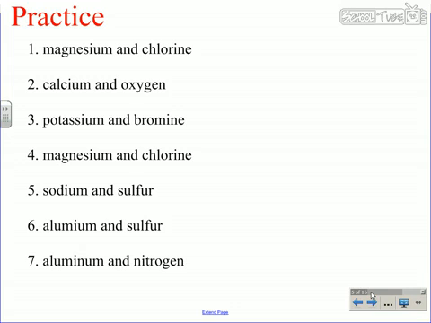So, magnesium and chlorine. Magnesium is what charge? 2, and chlorine is -1. So the crisscross, the 2 comes over here, and the 1 goes over here. So what's the formula? MgCl2.